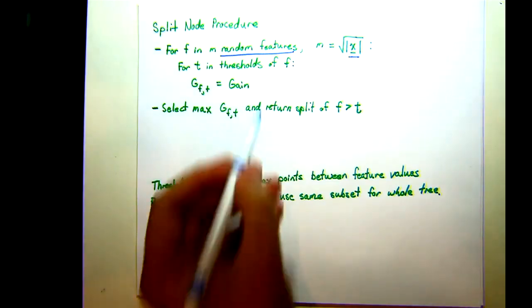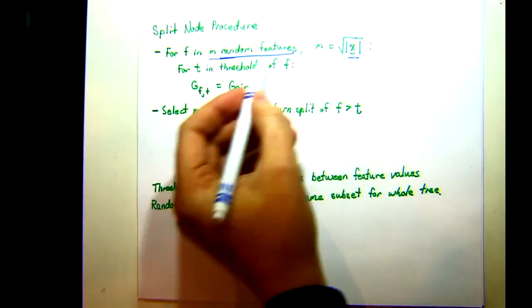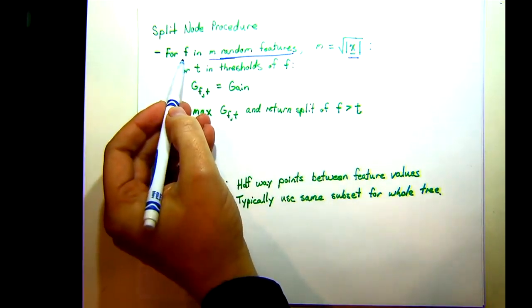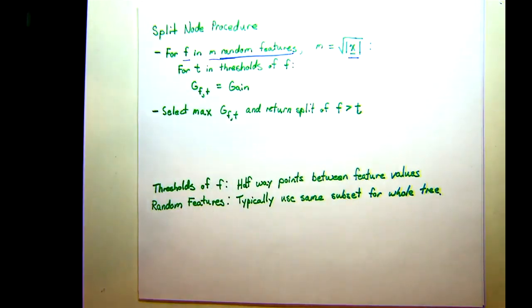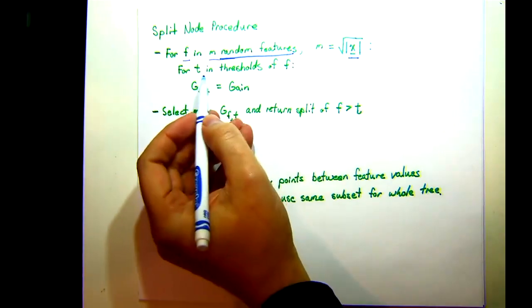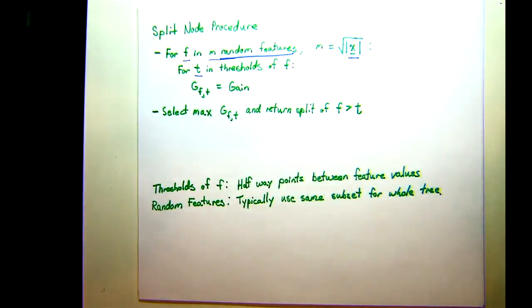And that is this m random features. So for each of those features in the subset, we're then going to consider a bunch of thresholds t. Those thresholds are going to be any halfway point between an example in that cell. I think I actually forgot to include this.